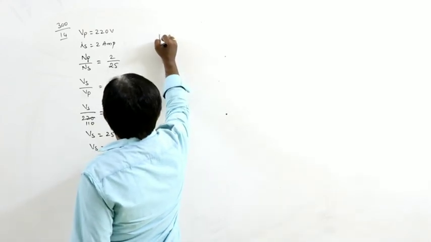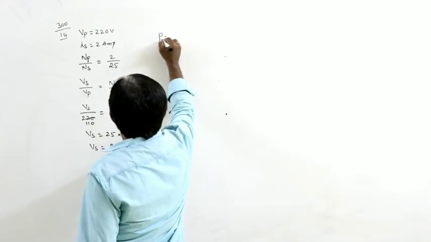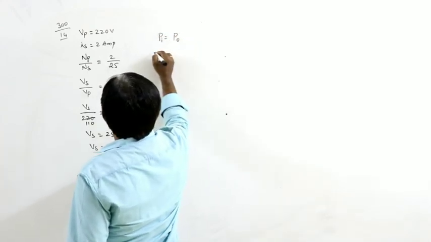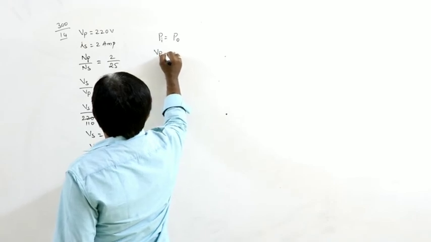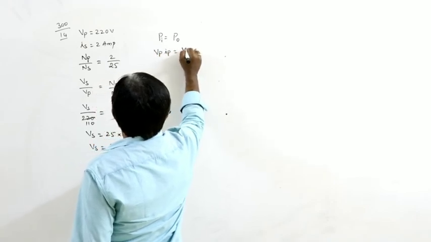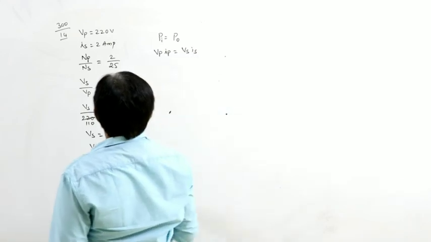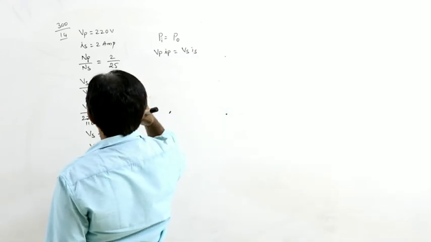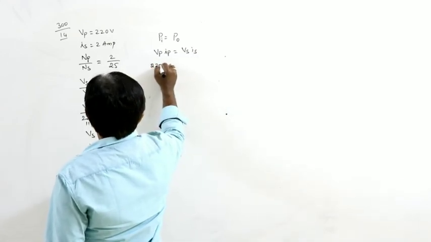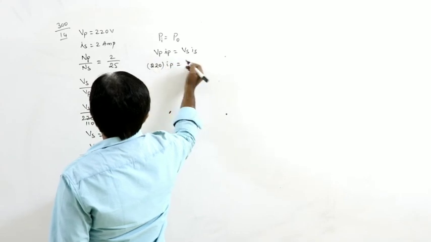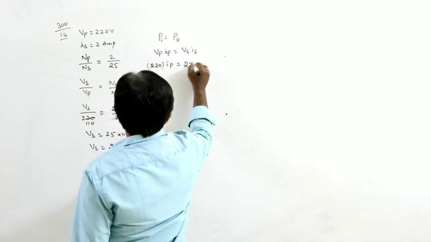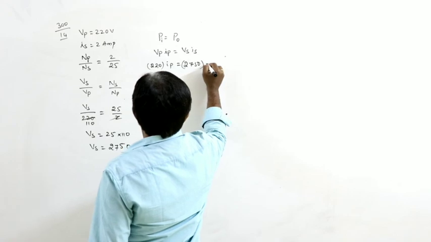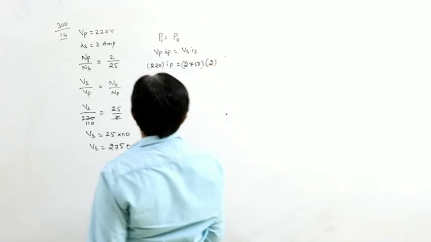And we know input power is equal to output power. Input means V primary I primary is equal to V secondary I secondary. V primary is 220 volts, into I primary, is equal to Vs, 2750, into I secondary, 2 amperes.